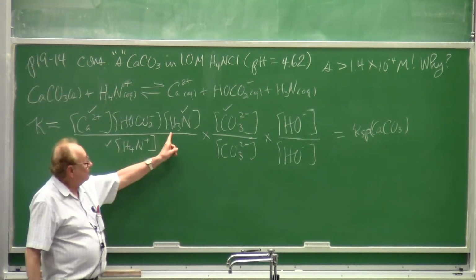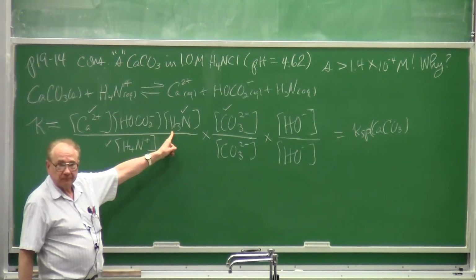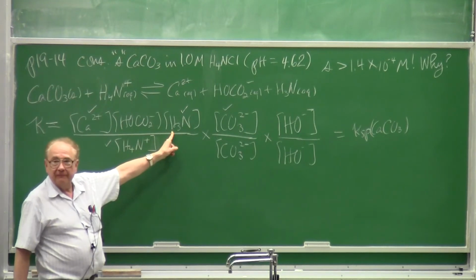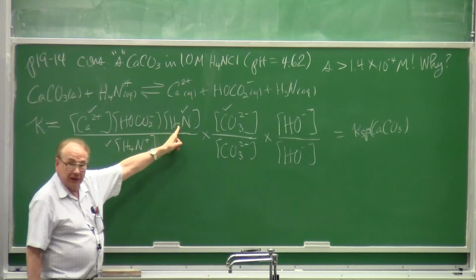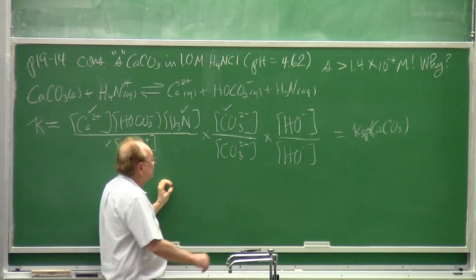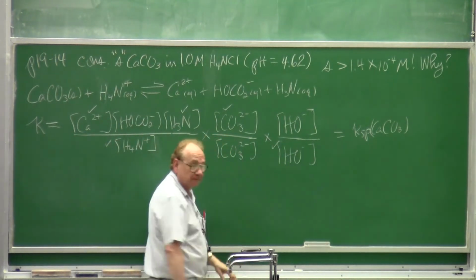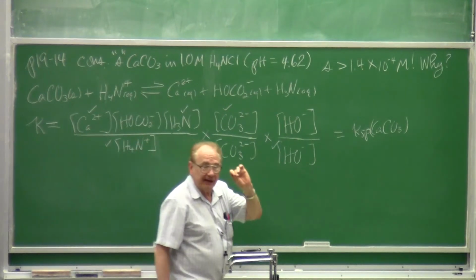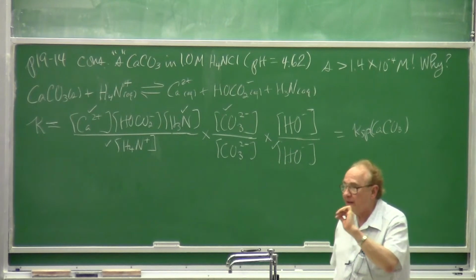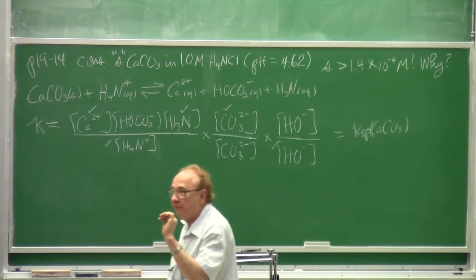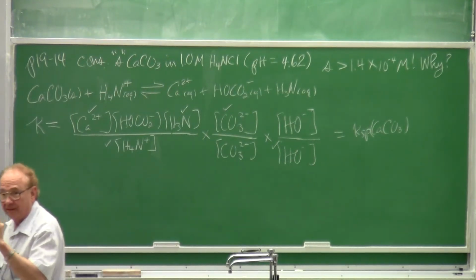So instead I'm going to look at ammonia up top. And I'm going to remember what we just mentioned a moment ago about 1 over Kb of ammonia. Because here's ammonia up top, here's ammonium ion down below, and here's hydroxide ion down below. Because when ammonia reacts with water, the products are ammonium ion and hydroxide ion, right?